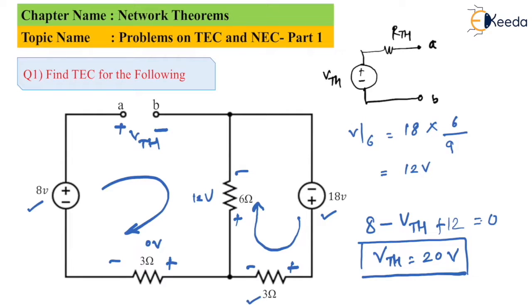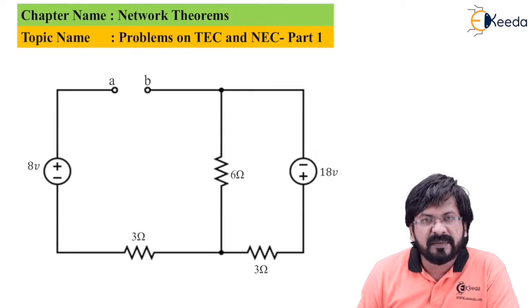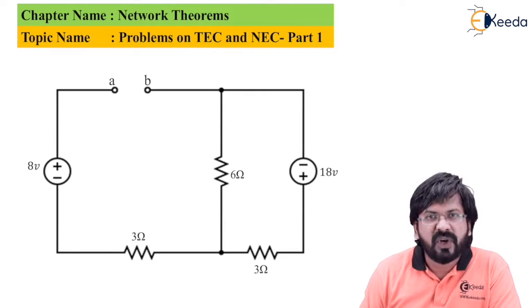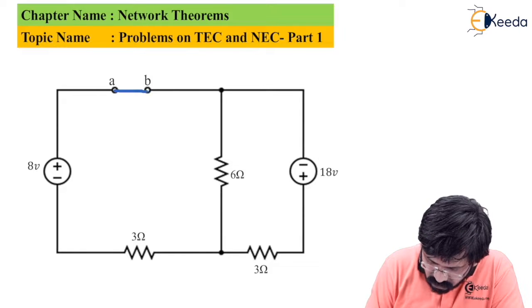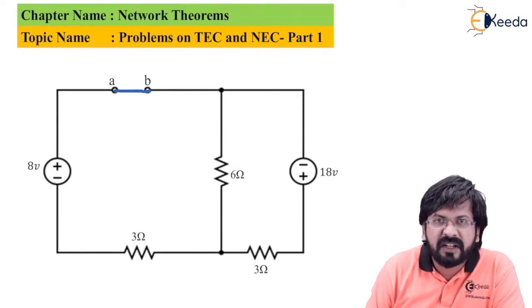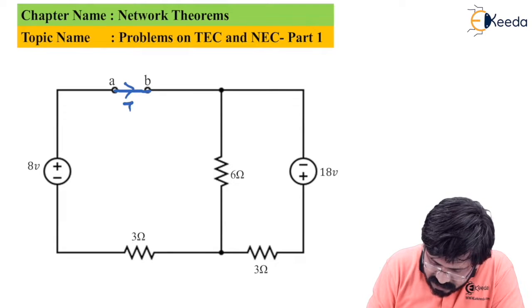As given in the problem, we have to find TEC, for which we have to find two values, VTH and RTH, out of which we already have the value of VTH. Let us go on finding RTH now. To find RTH, we first of all short circuit A and B, and we find the current flowing from A to B, which is ISC in this case.